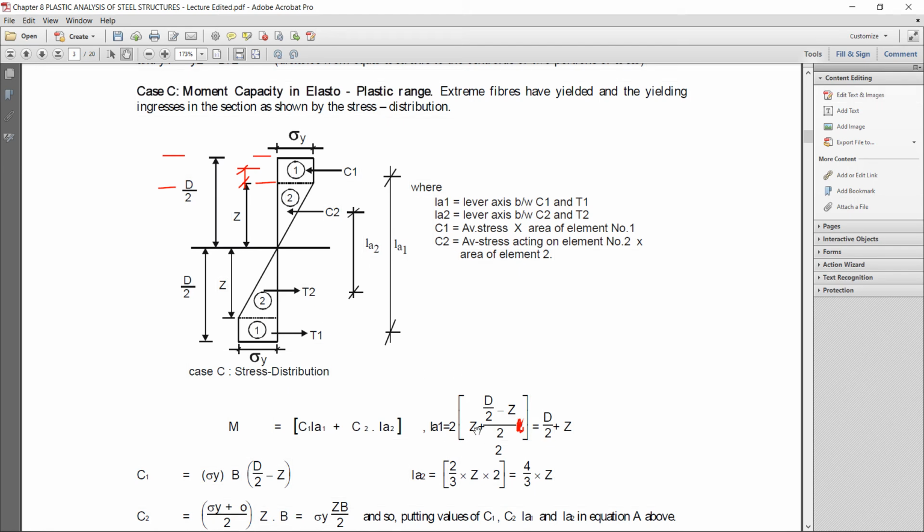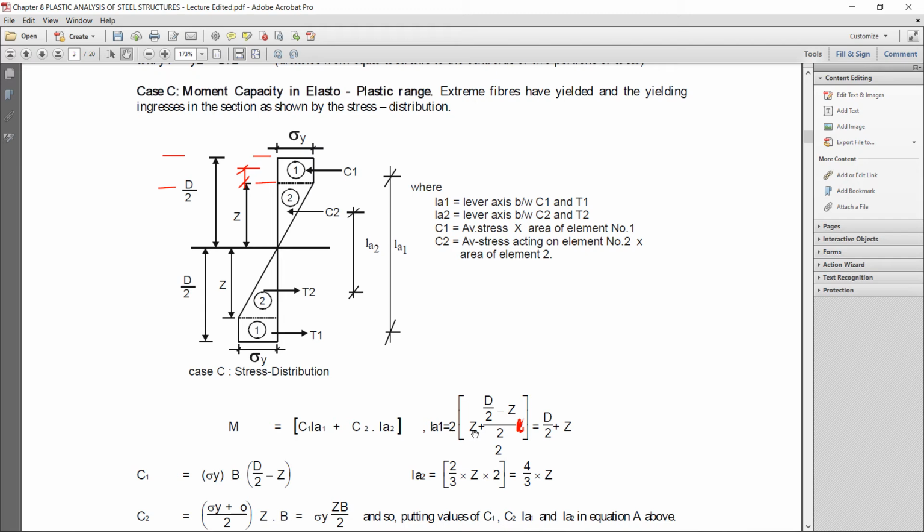Okay, now z plus d by 2 minus z divided by 2, the whole bracket is multiplied with 2. Why? For the bottom distance, the bottom distance is same. So after multiplying we get d by 2 plus z.